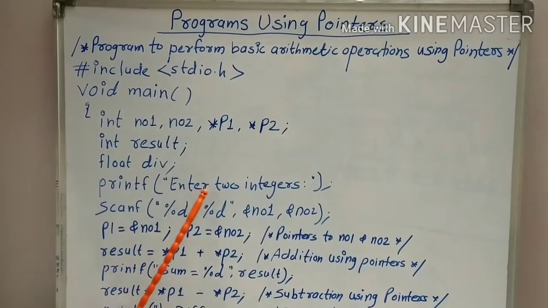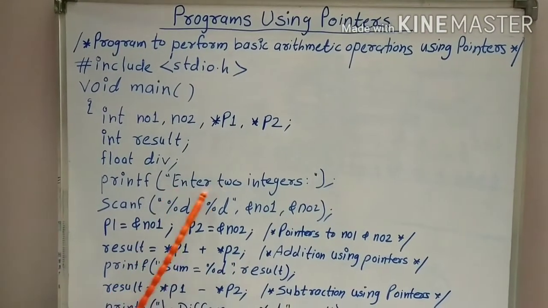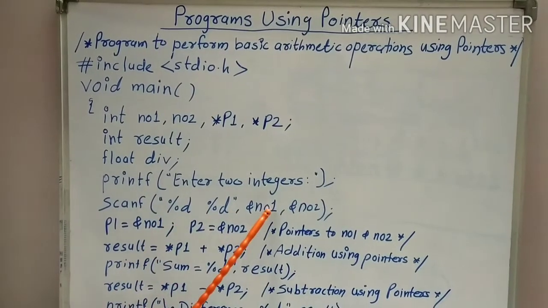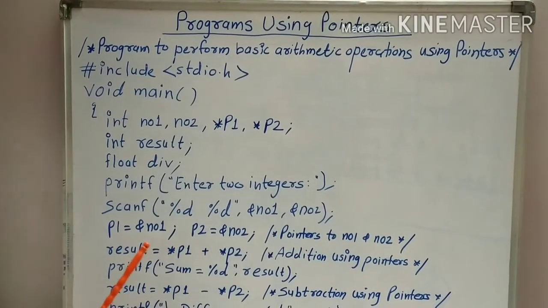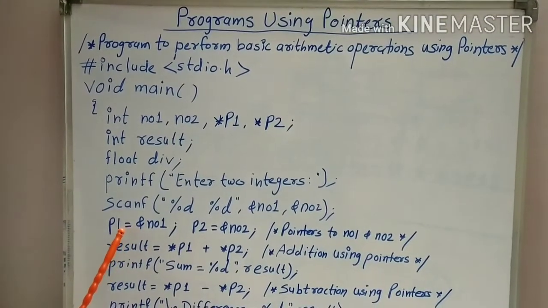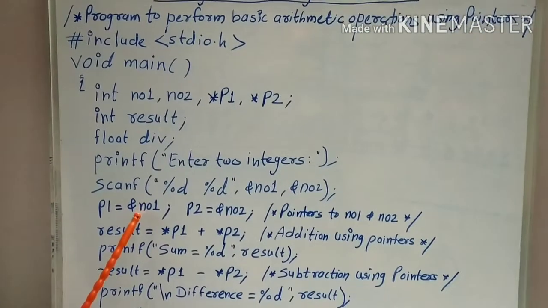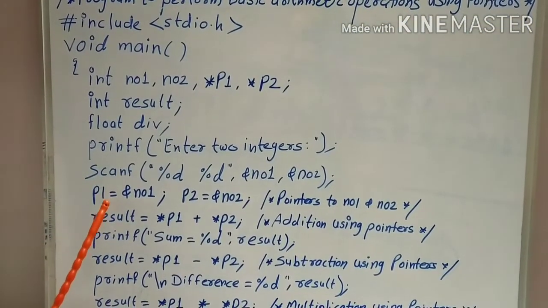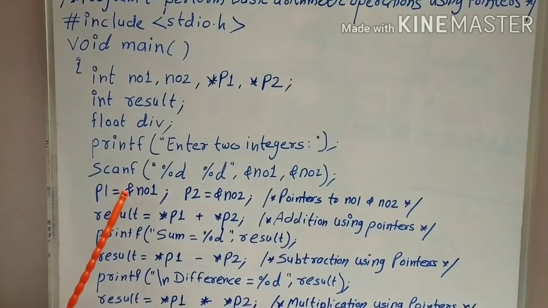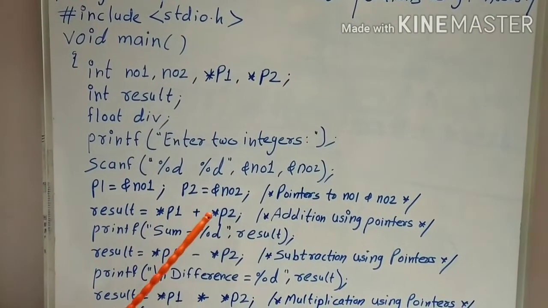First of all, let us accept two integers, NO1 and NO2, using the scanf function. Then at this step I am assigning the address of NO1 variable to P1 so that P1 will become the pointer to NO1 variable.